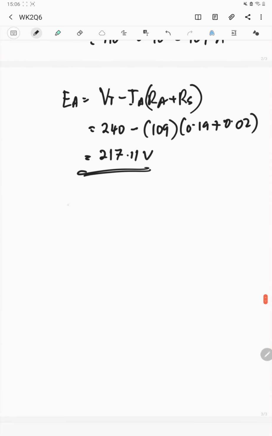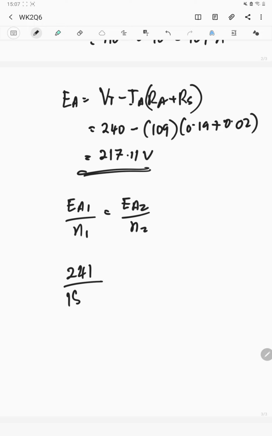Okay, so the speed at full load is, we first write down the reference, and the speed that we actually want to know. So the reference is 241 at 1800 RPM, and EA2 that you get is 217.11 volts. The speed that you want to know is N2.